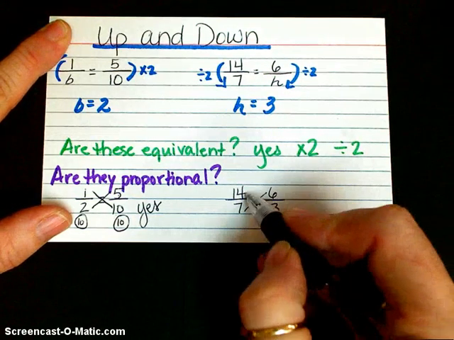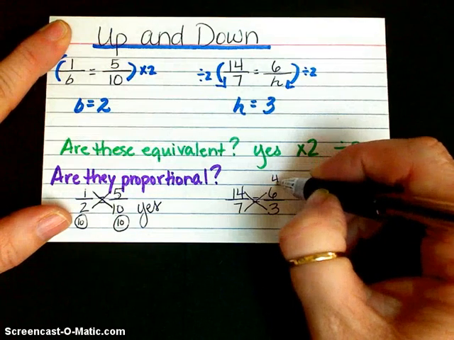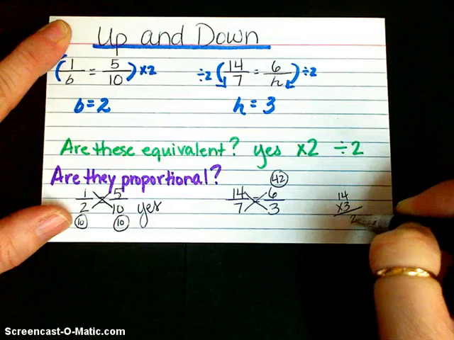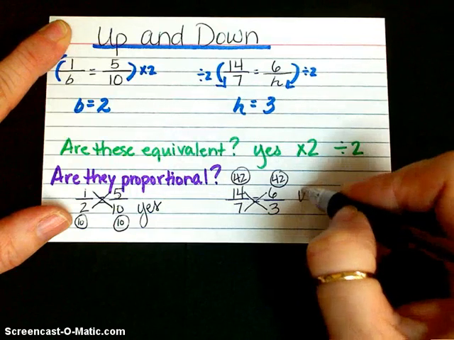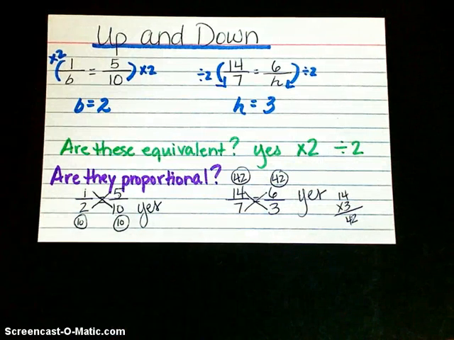Well, I'm going to cross multiply to check the products. 7 times 6 is 42. And 14 times 3 is also 42. So the answer for both of these is yes. They're not only equivalent, they're also proportional.